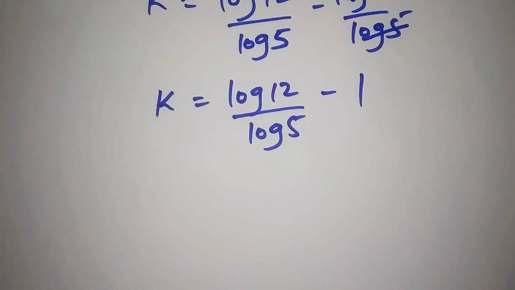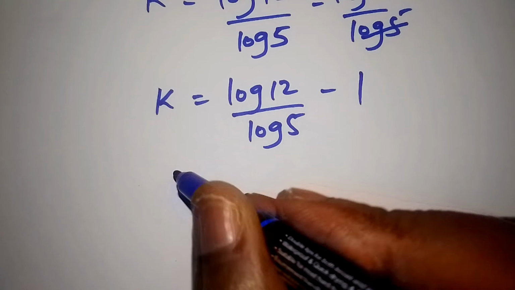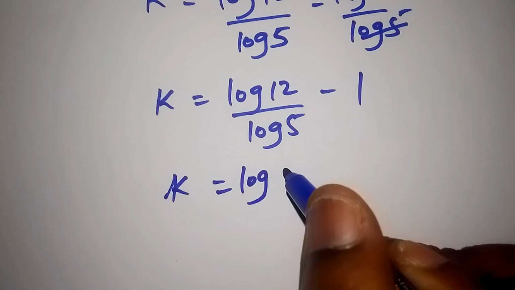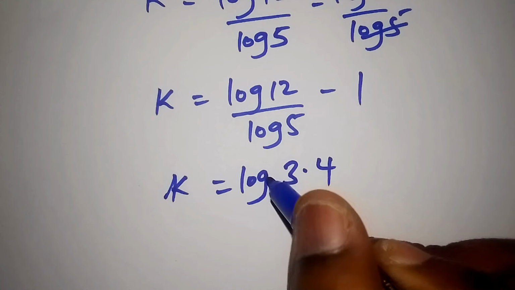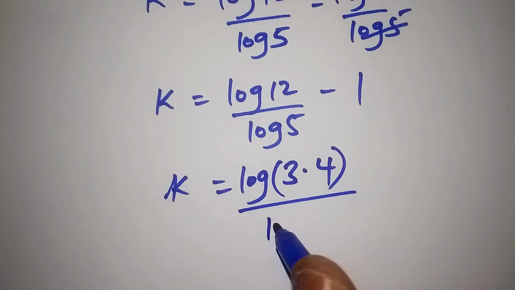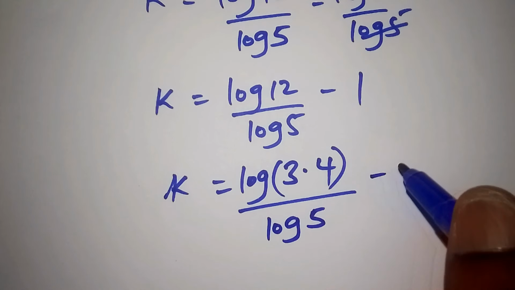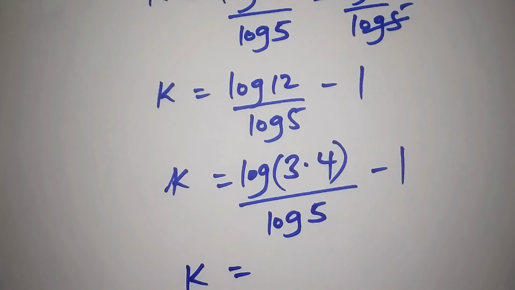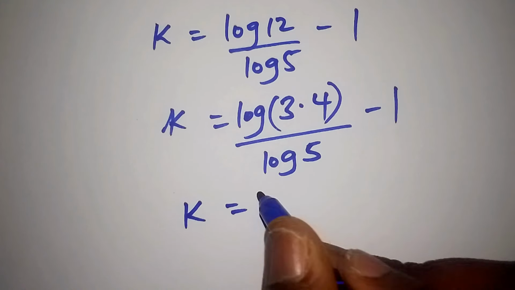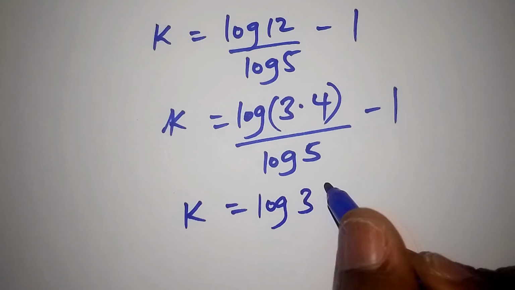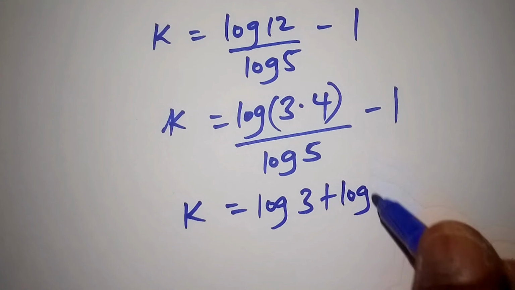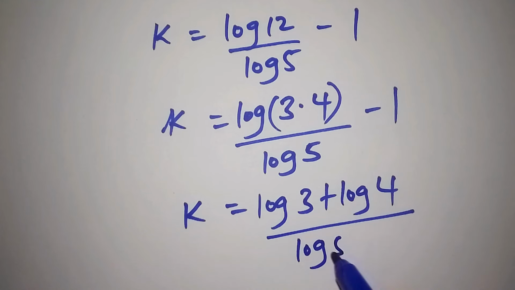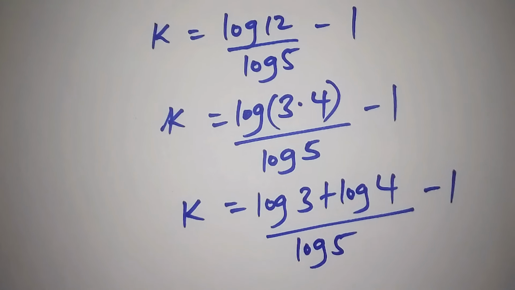So let's now factorize log 12 all over the log of 5. Our value for k shall be, log 12 can also be written as the log of 3 multiplied by 4, in brackets, all over the log of 5, minus 1. When you open the bracket, k is equal to the log of 3 plus the log of 4, all over the log of 5, minus 1.